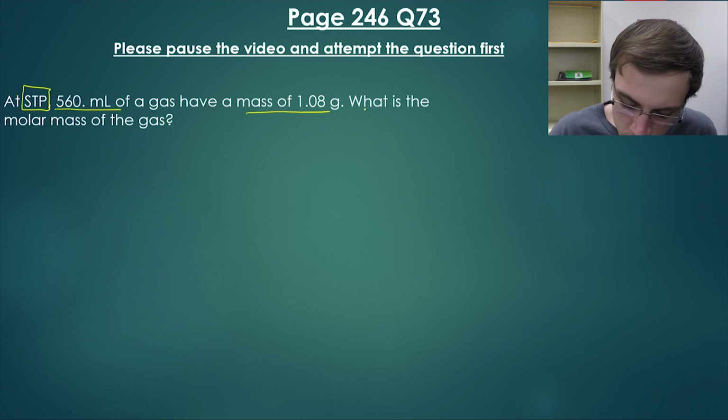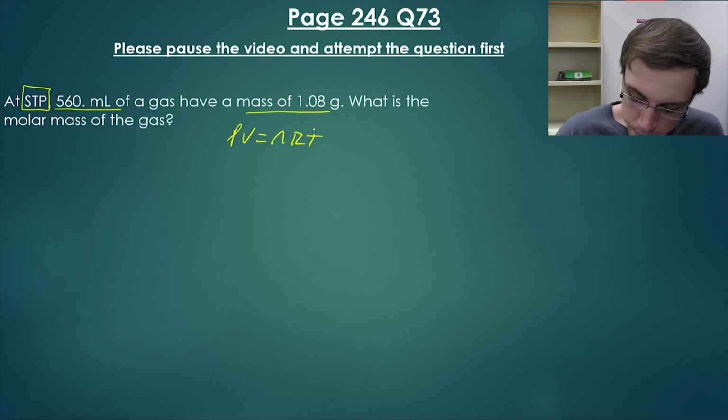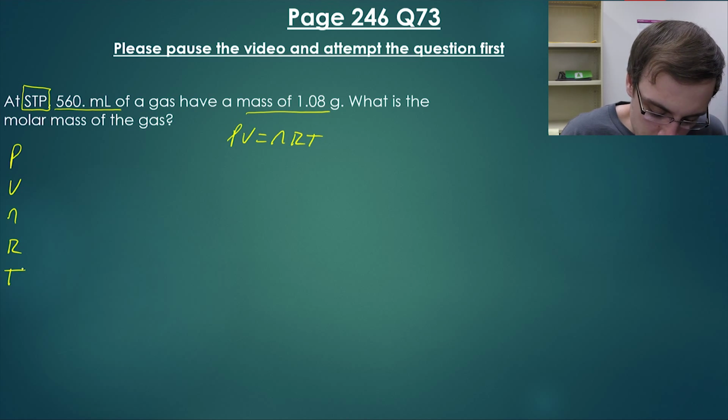So the first thing we're going to do is, I see STP, so I'm going to write PV equals nRT. Now, I'm going to write our different units: pressure, volume, moles, constant, temperature. The question is asking, what is the molar mass?